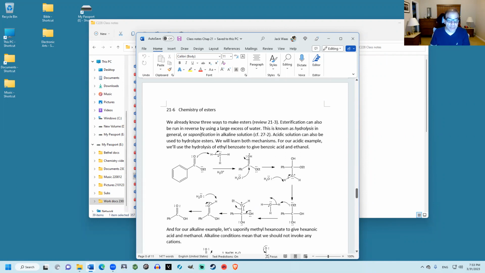And that's when we lose ethanol. Ethanol leaves, the lone pair from the OH oxygen folds in. It doesn't matter which OH you do that with, they're the same. And you get this intermediate. Last but not least, we use a water molecule to pull this proton off to get a neutral compound, and we have our carboxylic acid.